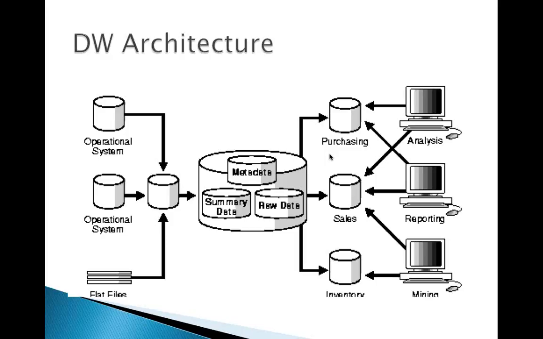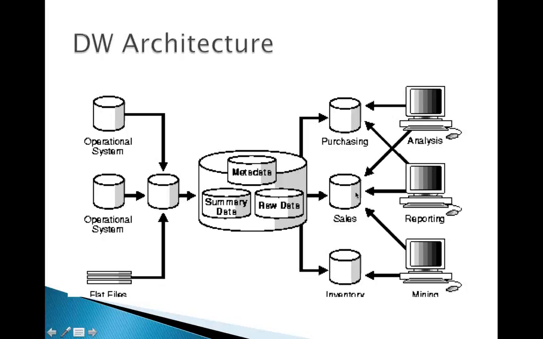The same thing happens in a data warehouse also. If a customer wants to see product sales, the request comes directly to this department, because the data warehouse has already categorized the departments.